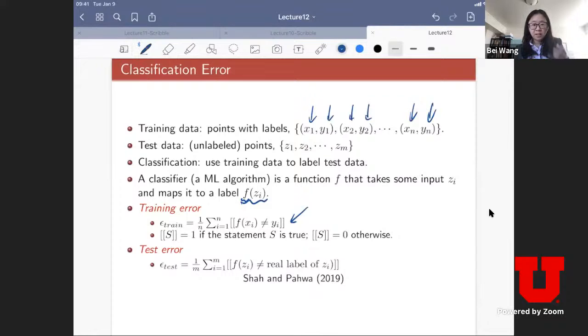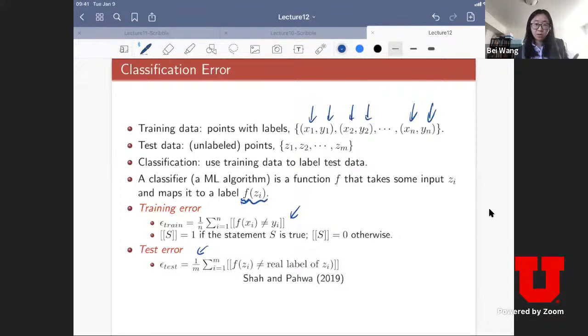There is what's called a test error. Let me be careful here. The training error is actually evaluated with respect to the training data, and then the test error is evaluated with respect to the test data.